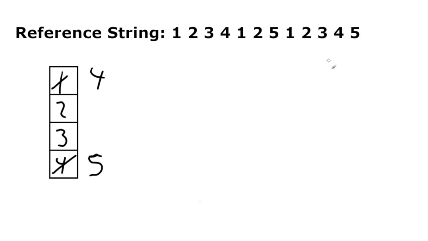We can count up our page faults just by looking at how many of these things we wrote down. And yeah, we got 4, 5, 6 page faults, so 6. So much better than FIFO did on this same reference string. Remember, with 4 frames, it got 10 page faults, and even when it only had 3 frames, it got 9. So we are doing a lot better in this case.